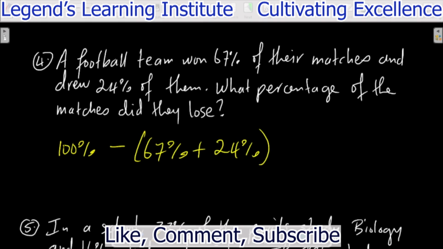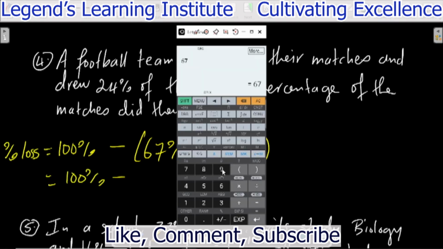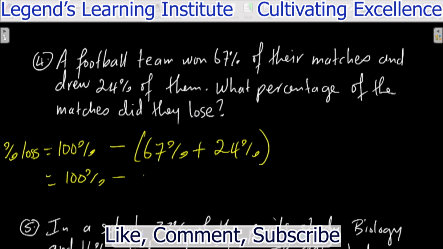That's 100% subtract 67 plus 24, which equals 91. So 100 subtract 91% gives us 9%.